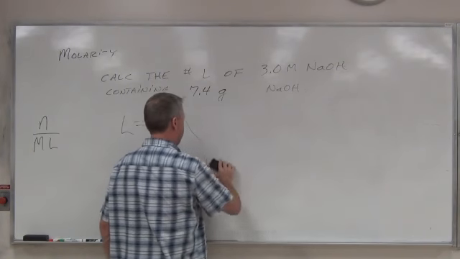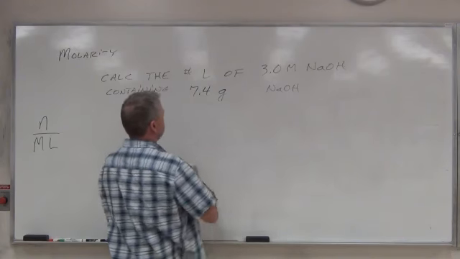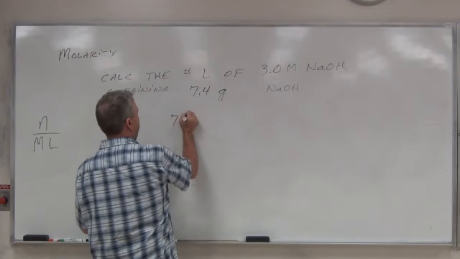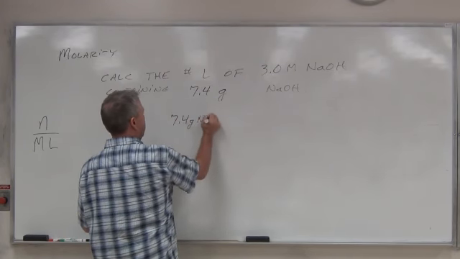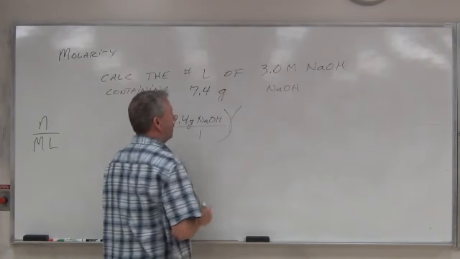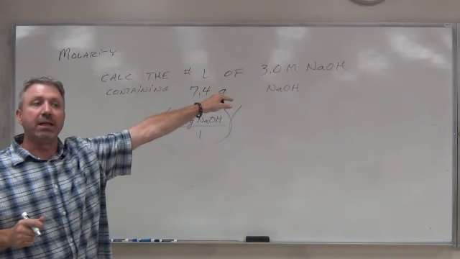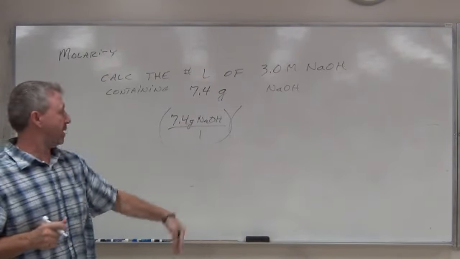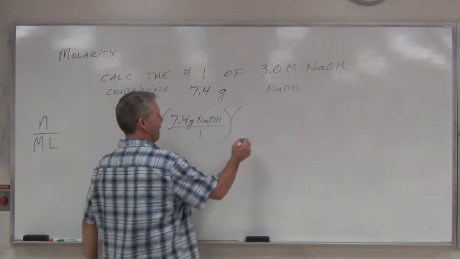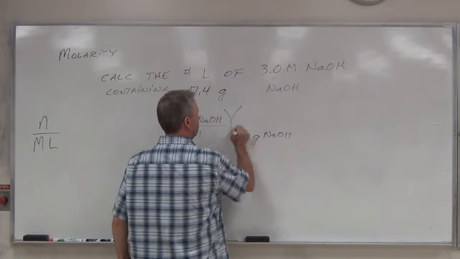Alternatively, we can use our dimensional analysis. We can start off with 7.4 grams of NaOH. I know I have a molarity. If I have number of moles, I can get liters because molarity is moles per liter. I have grams, doesn't do me any good. I've got to convert those grams into moles.